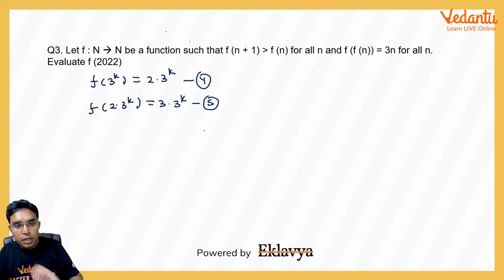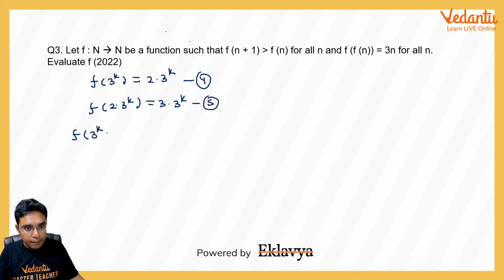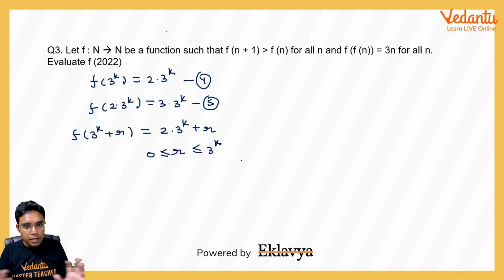Yes, it is so. Now what I have proved once again is that f of 3 power k plus r would be equal to 2 into 3 power k plus r, where r is between 0 and 3 power k, and both can be considered inclusive, because then equation 4 and equation 5 are also matching.